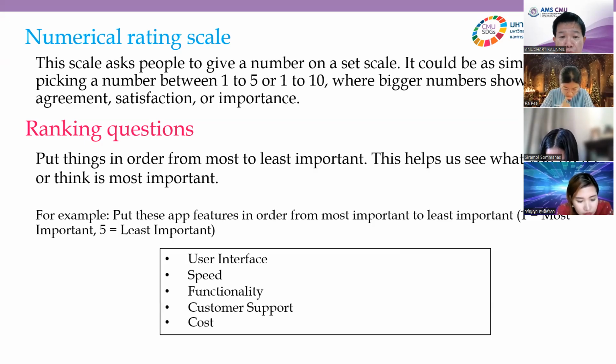For example, why do you put an app feature on your mobile phone? Some people think the first is the user interface, for use every day. The second is speed, some think about the length.